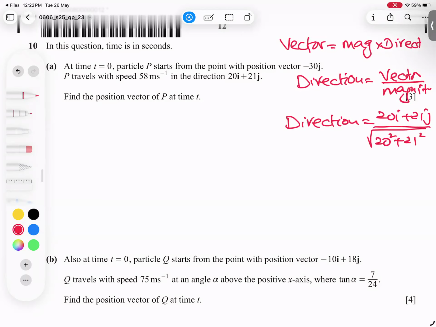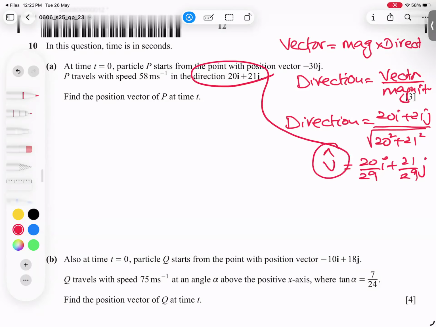So this part is clear. If I take this one, it becomes 29. So 20 over 29 i, 21 over 29 j is basically the direction, or I can use V cap. V cap means direction of velocity. Now how can we find velocity, students?